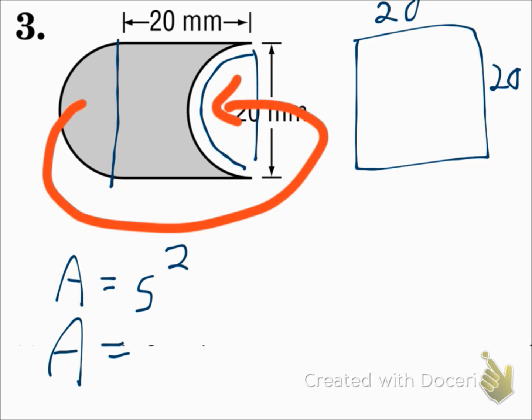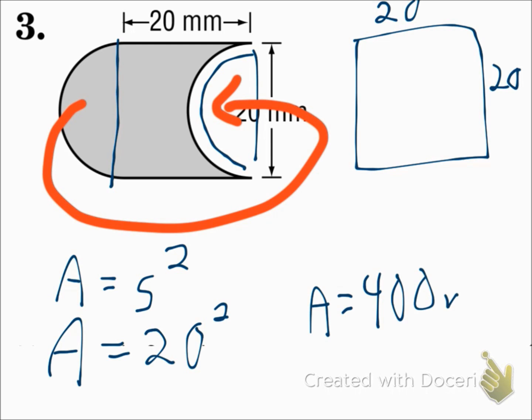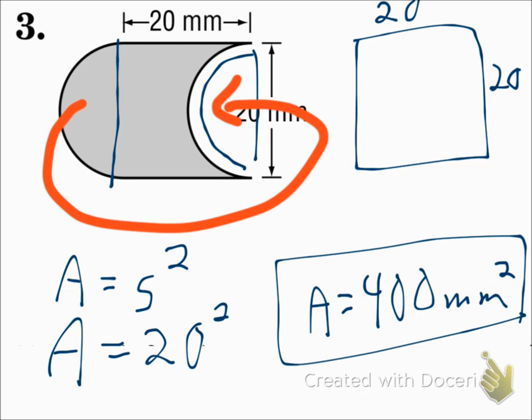A side length here is 20, and 20 squared is 400, and that will be millimeters squared. So since I was able to take the one piece and slide it into the other slot, really what I have is a square.